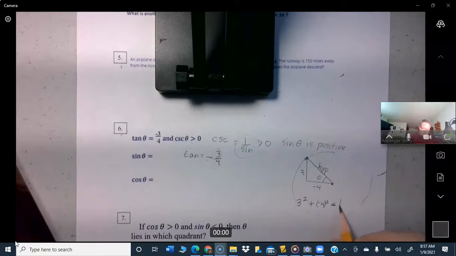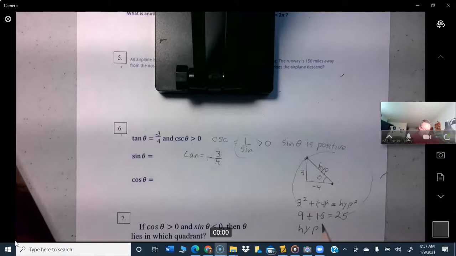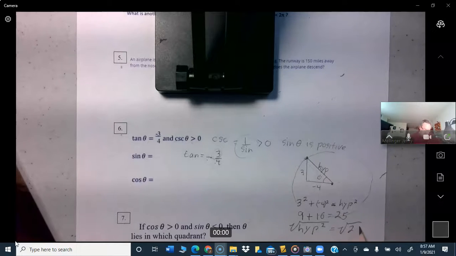Okay, so 3 squared is 9, and (-4) squared is 16, so that equals 25. So hypotenuse squared is 25, so hypotenuse is the square root of 25. So that means the hypotenuse equals 5.